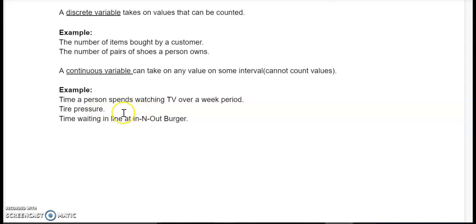Another example would be time waiting in line at In-N-Out Burger. Again, you can't count the time exactly. Time's continuous. Okay, so these are examples. This one's a bit trickier, continuous variables. Okay, so let's go on to the next topic now.